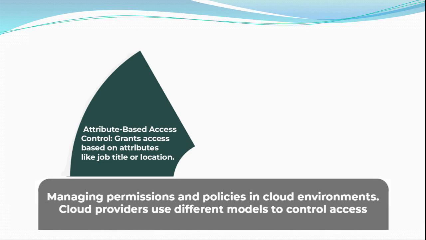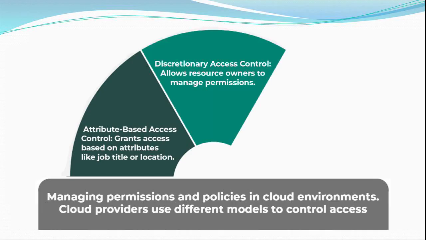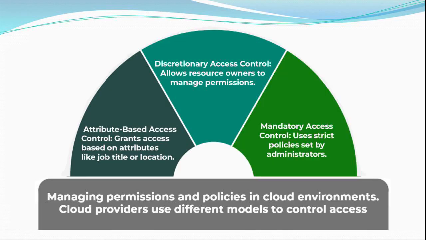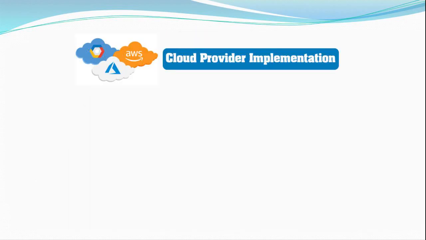Attribute-based access control grants access based on attributes like job title or location. 2. Discretionary access control allows resource owners to manage permissions. 3. Mandatory access control uses strict policies set by administrators. Each cloud provider has its own implementation.